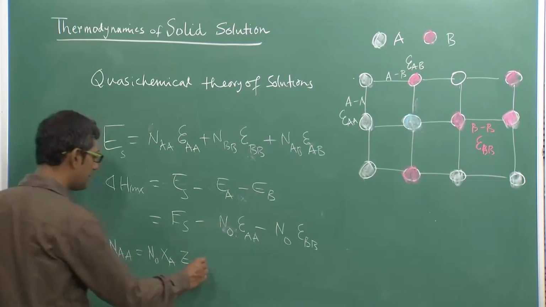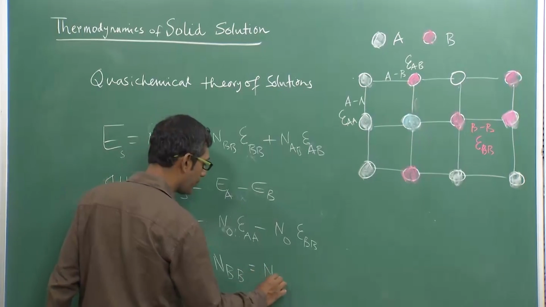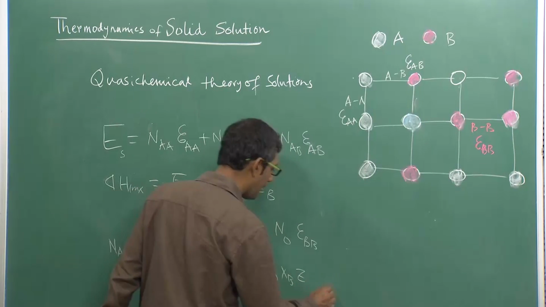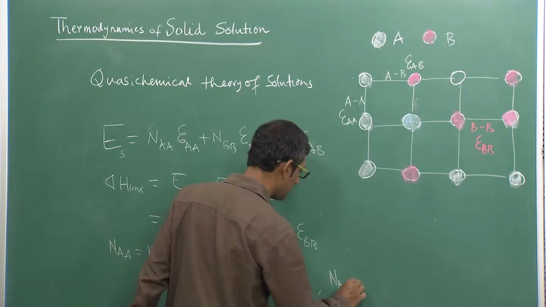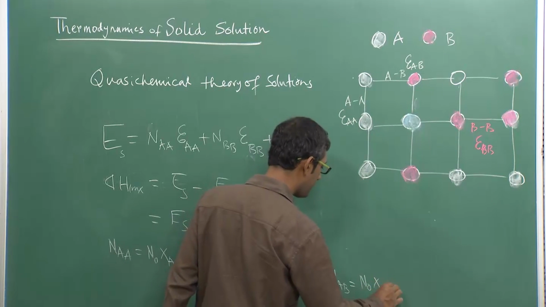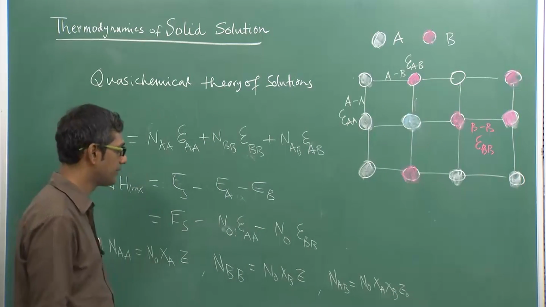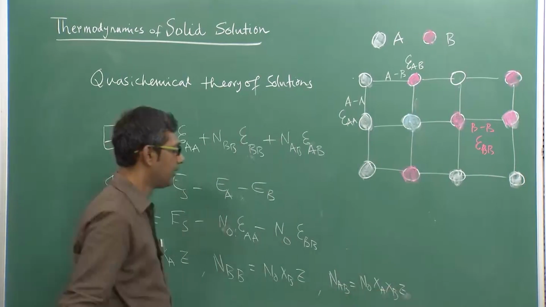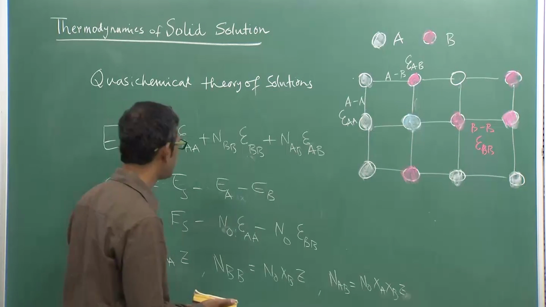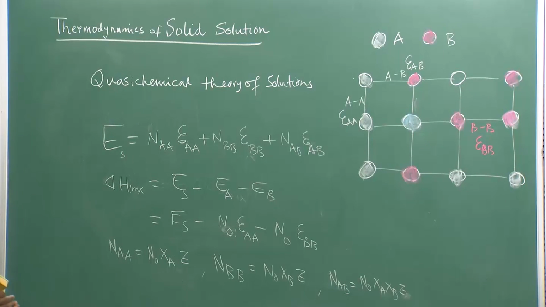Similarly, NBB is nothing but N0 XB Z, and NAB is nothing but N0 XA XB Z. As you know, in binary systems this is what you will get. These are the probabilities of the systems.